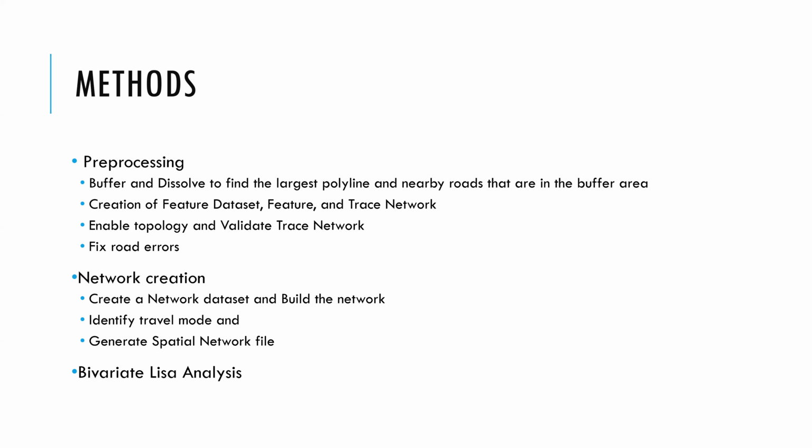From there, I went to create trace network, and then I enabled topology. The first time around, I only generated errors for the topology so that I could fix all the road errors. Most of these road errors were roundabouts, which I had no clue were that popular in Nigeria, much less in the United States. But a lot of my problems were from roundabouts.